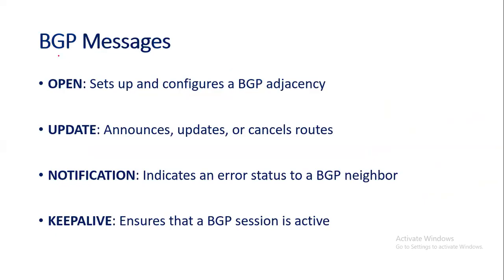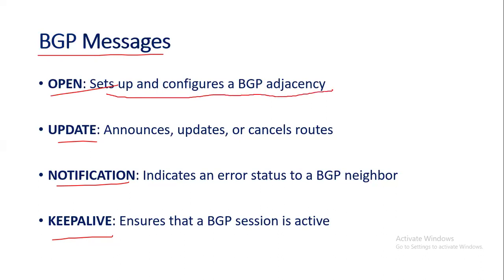Okay, let's take the BGP messages as an example: open, update, notification, and keepalive. Once you configure BGP as well as the neighborship, they will be set up, and you will get the messages. Updates: if any change is happening, that will be an update.